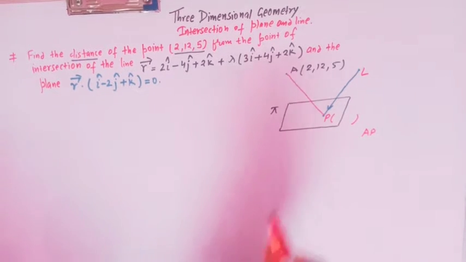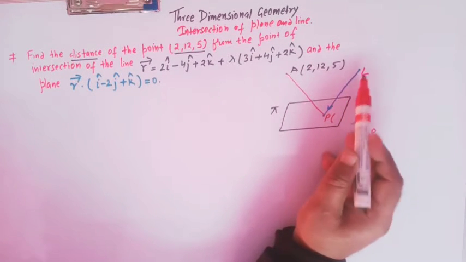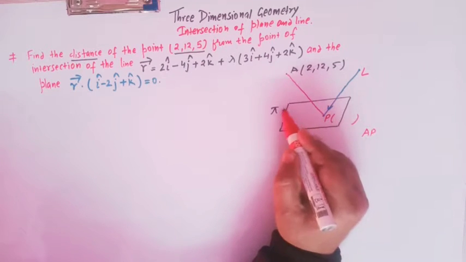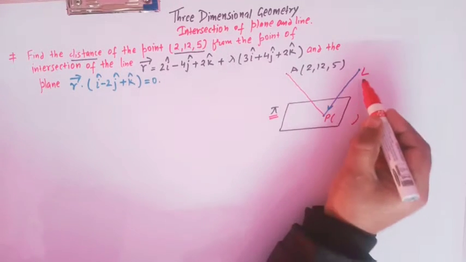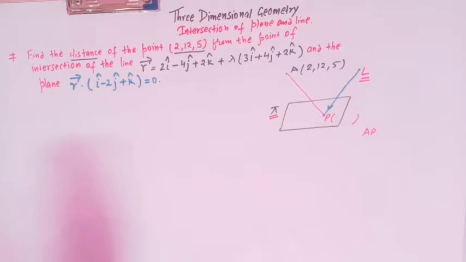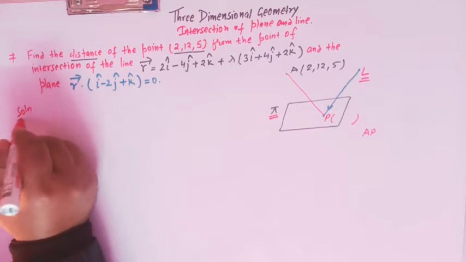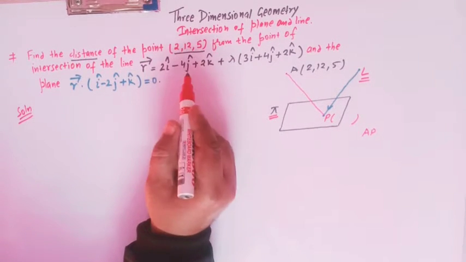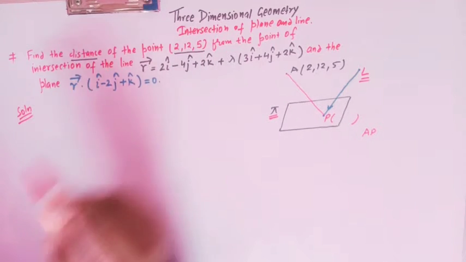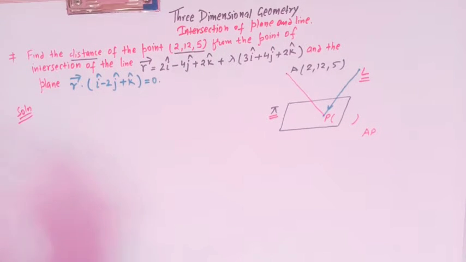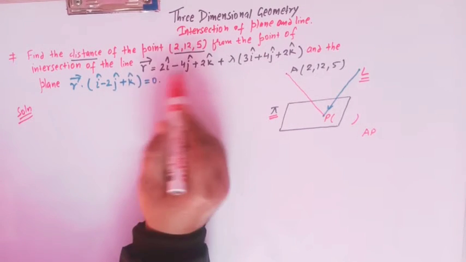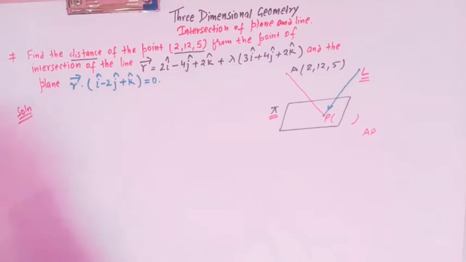Let us first find the point of intersection of this plane pi and the line L. Here we are given the vector equations of the line and the plane, so we will convert these equations into Cartesian form.